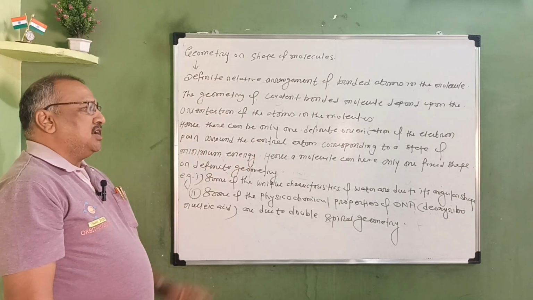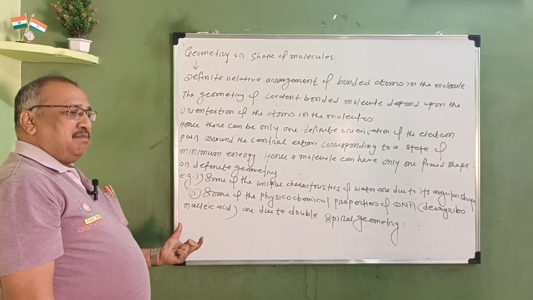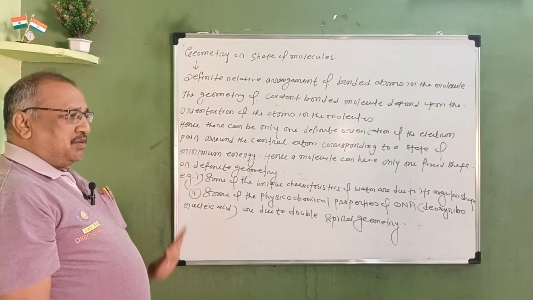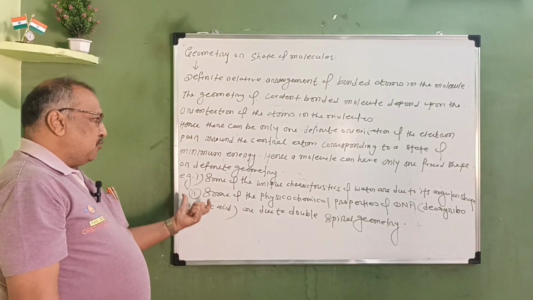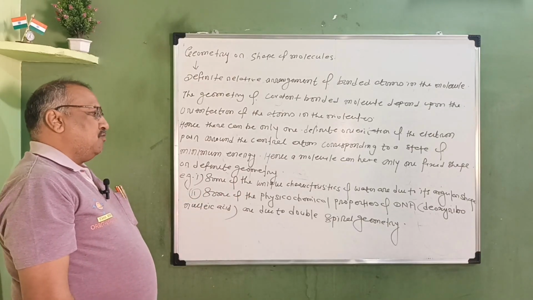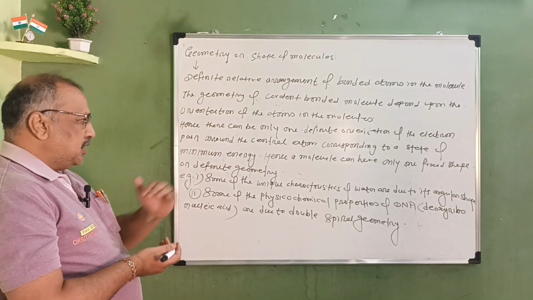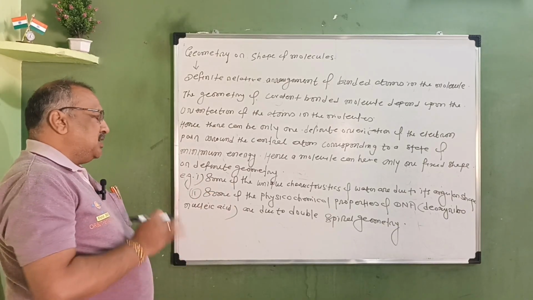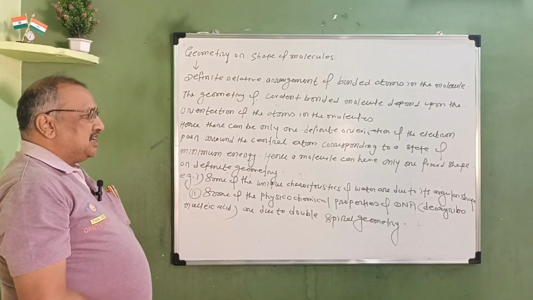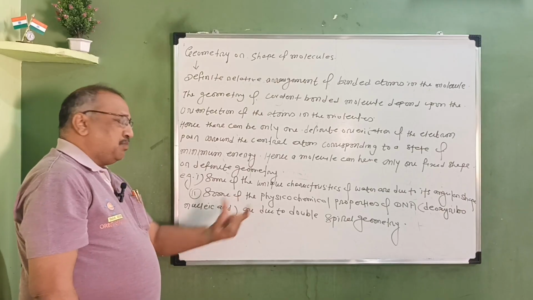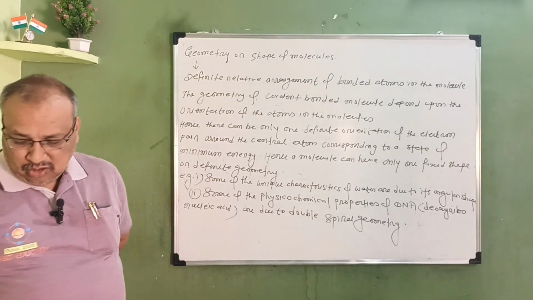Hence, a molecule can have only one fixed shape or definite geometry. Example 1: some of the unique characteristics of water are due to its angular geometry. Some of the physico-chemical properties of DNA, that is deoxyribonucleic acid, are due to double spiral geometry.